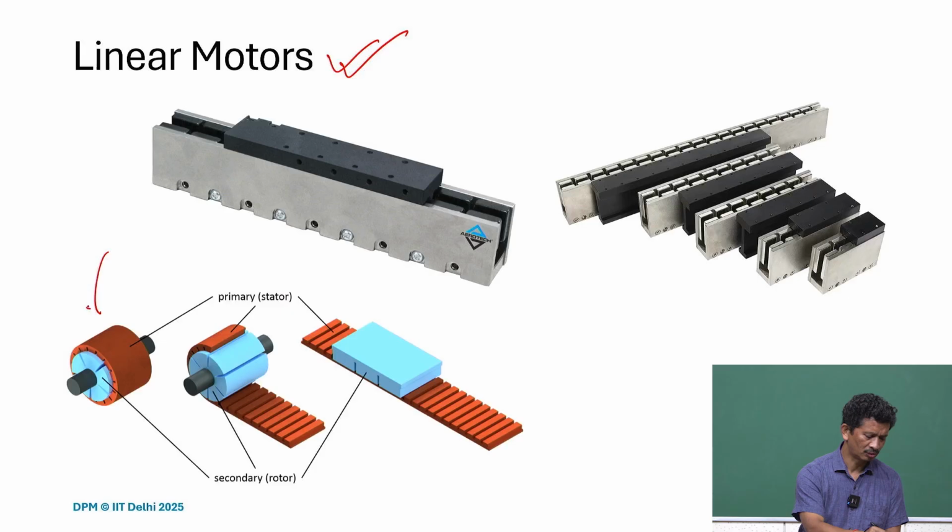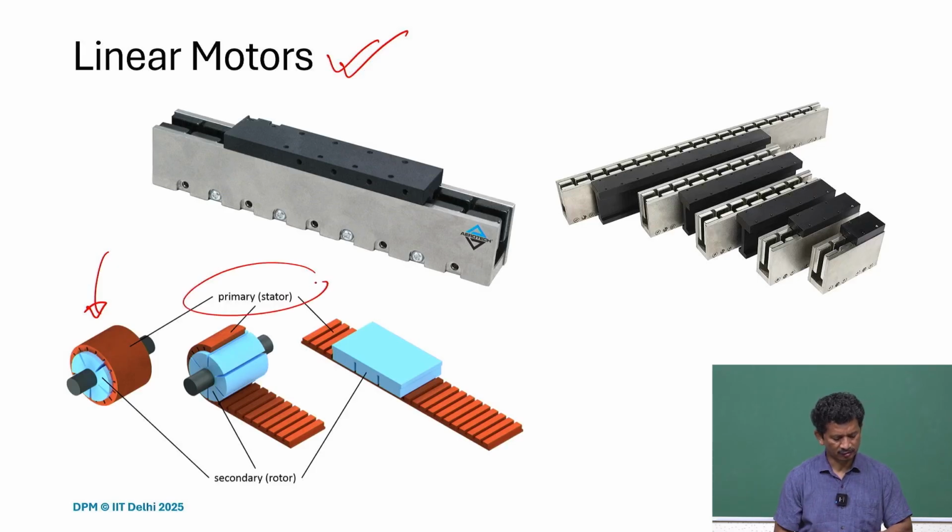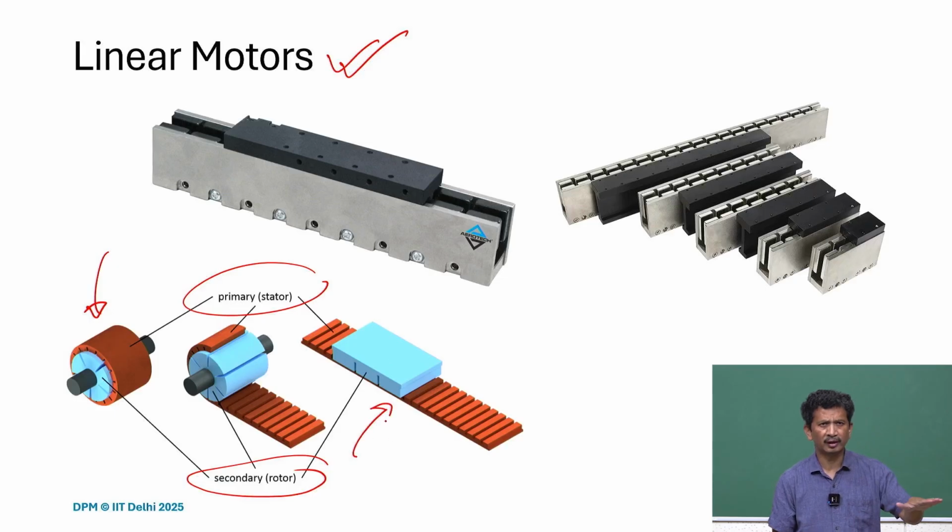The concept is very simple. You have the rotary motors, rotary actuators. Just cut the stator and make it flat, and the secondary rotor is again flat. If you put it this way, then we can directly get a linear motion.